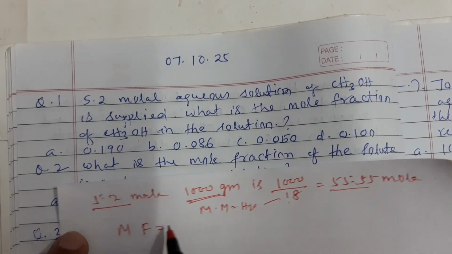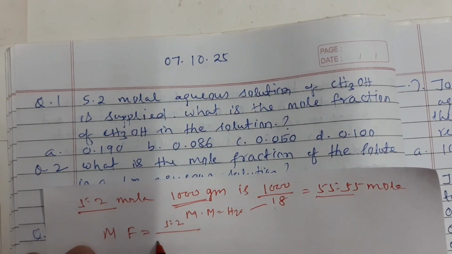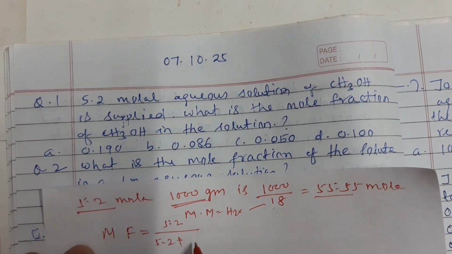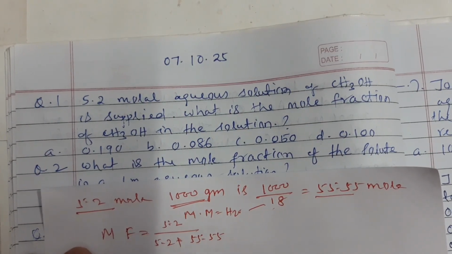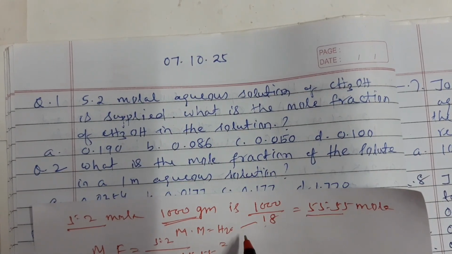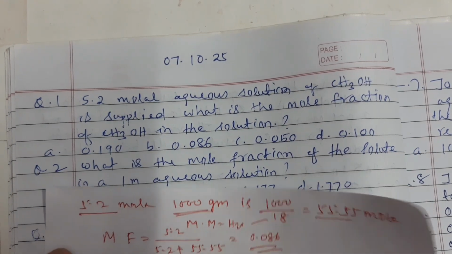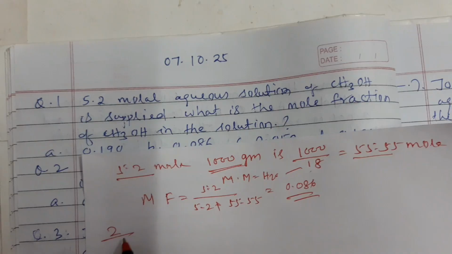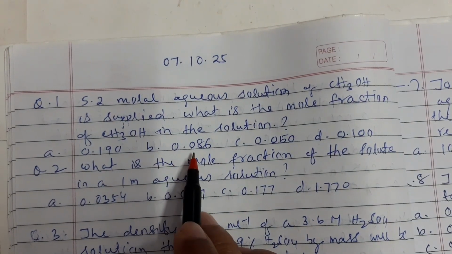Mole fraction is equal to 5.2 divided by 5.2 plus 55.55. So the answer is 0.086. So choice B is the correct answer.